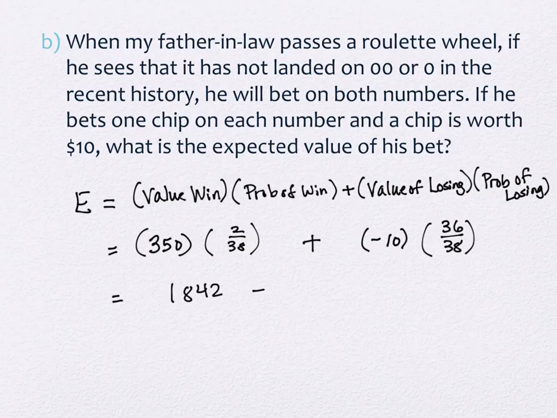I don't have the intermediate numbers written down, so. You sure the first one's $18.42? Yeah. Okay, I was like, I feel like I'm missing something. That makes more sense to me. So what is it if I do 10 times 36 divided by 38?